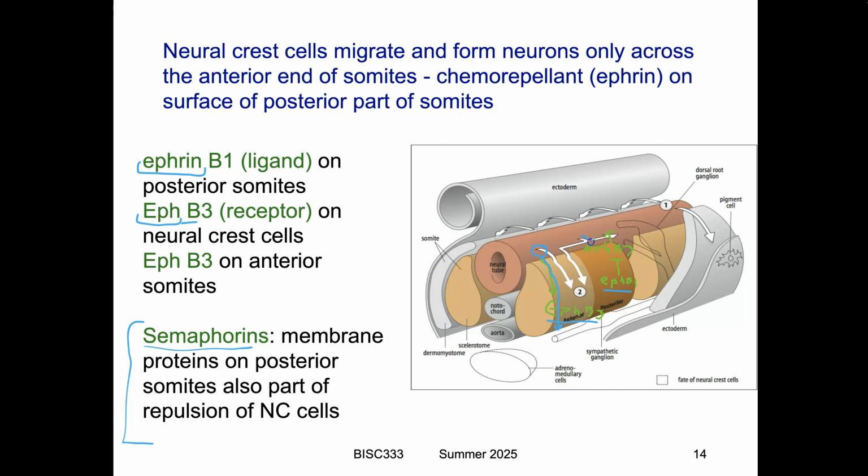But when the cell is moving into or onto or through the posterior part, it's going to encounter this ligand very quickly and there will be a repulsion, and then it will move. It'll keep migrating until it finds an anterior, either the anterior of the same somite, and sometimes the closest one is actually the next somite over. And so that's how that works.